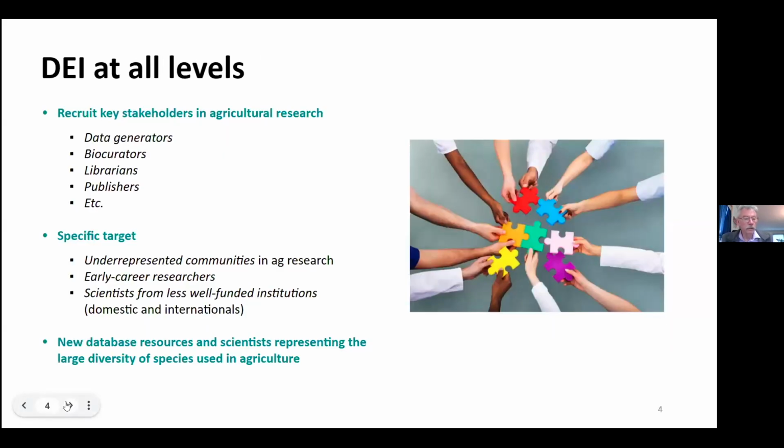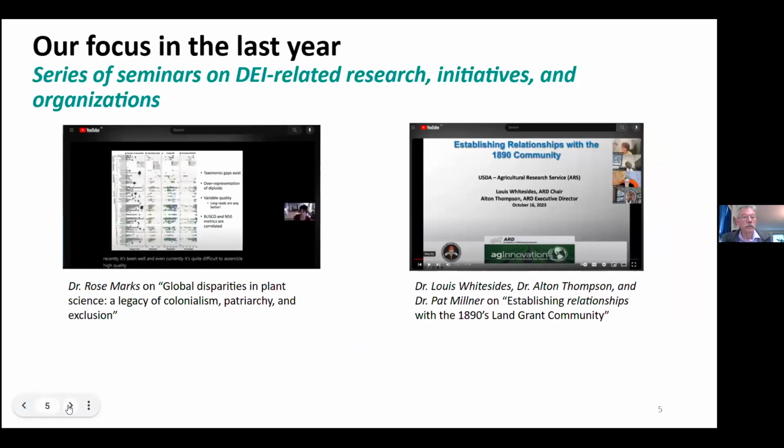And so we've had a number of different seminars. We had invited Dr. Rose Marks and Alton Thompson and the group from the Agricultural Research Service, the ARD group of the 1890s and tribal schools.